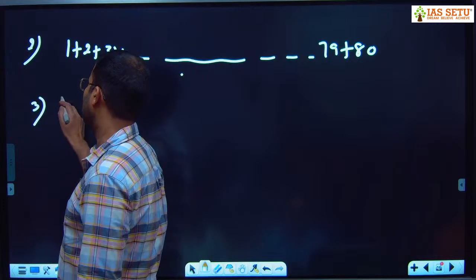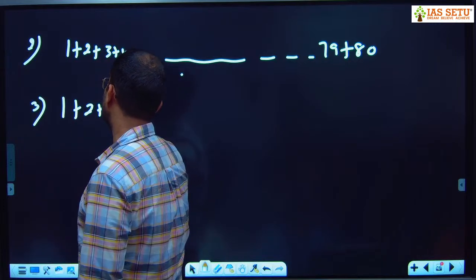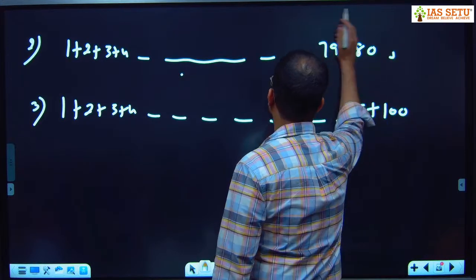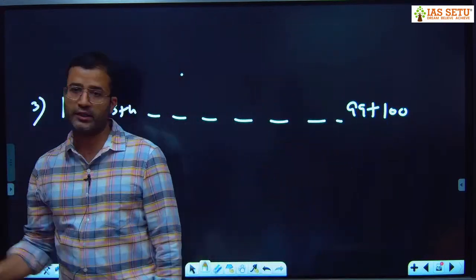Next question. 1 plus 2 plus 3 plus 4 up to 100. Sum of the first 100 natural numbers.